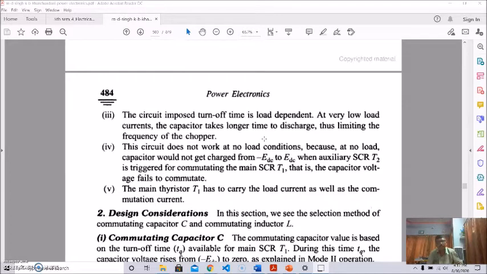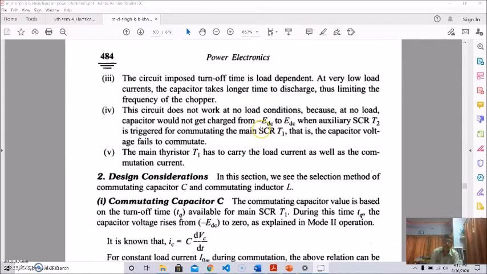This circuit does not work at no load, because the capacitor will not get charged from minus EDC to EDC when auxiliary SCR T2 is triggered, so commutation fails. And the main thyristor T1 has to carry both the load current and the commutation current.